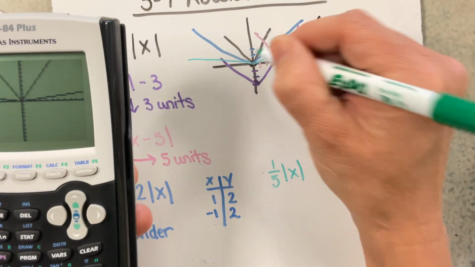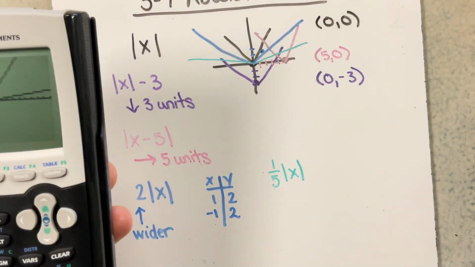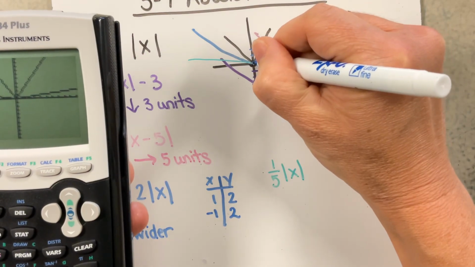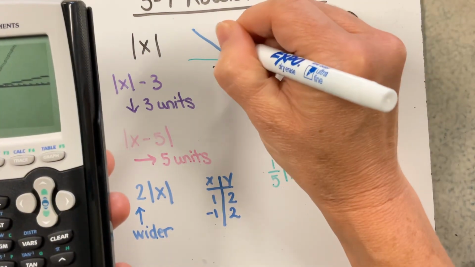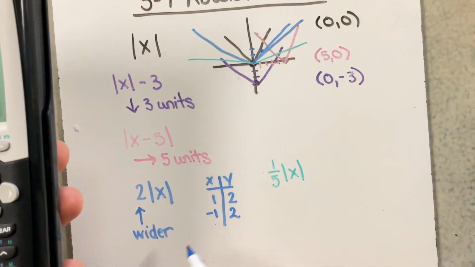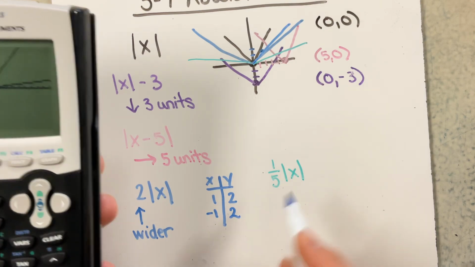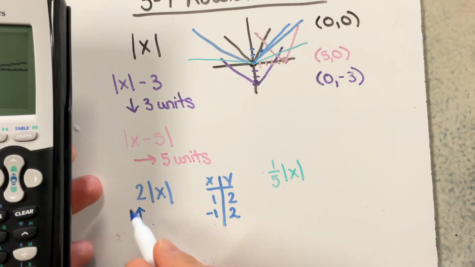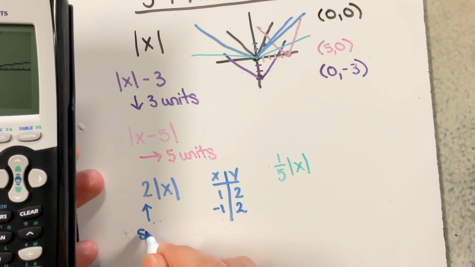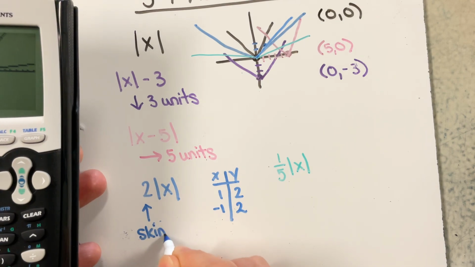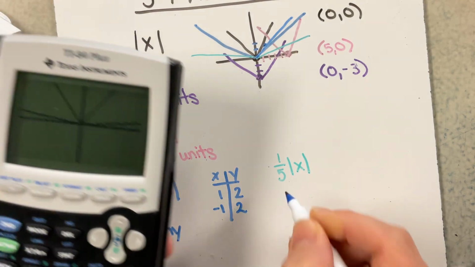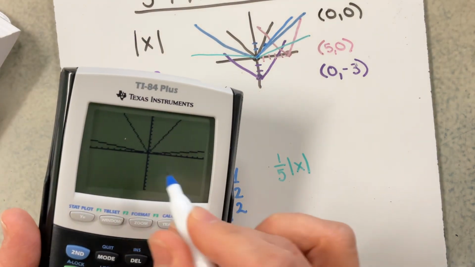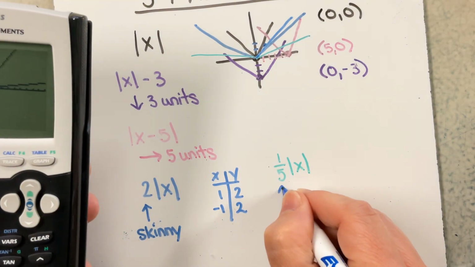Because it actually was taking it up a bit, right? I just drew my black one wrong. So this one was actually skinnier, right? When we look at it, this made this one skinny, where this one, see how fat that thing is? So this made this one fat.